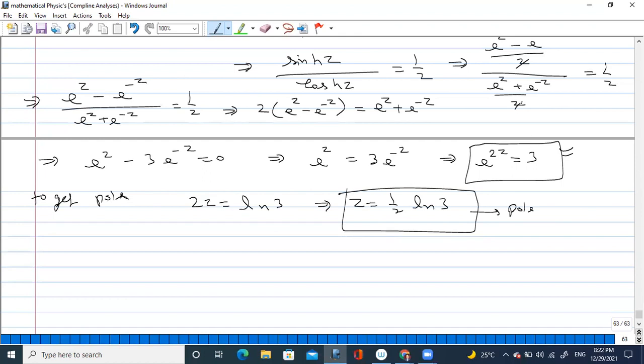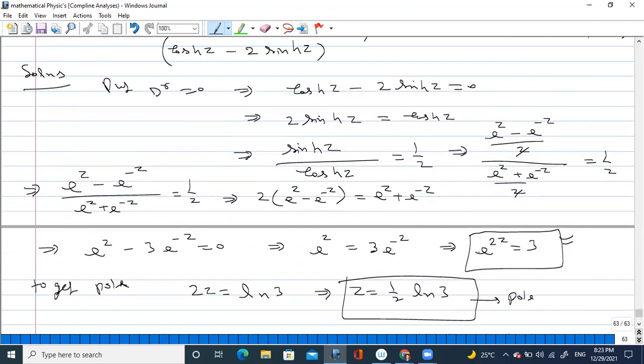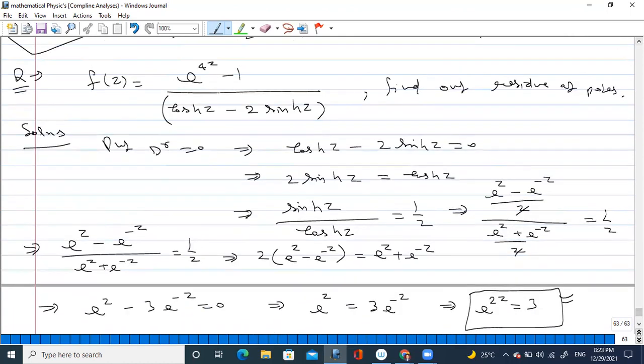Because my equation is in cosh and sinh, and they will give you the exponential terms, and the exponential term value only I can use. This equation is just to find out the pole and some value which I can use. But this equation is again very difficult to solve, so the fourth method we can always apply if it is difficult to solve.